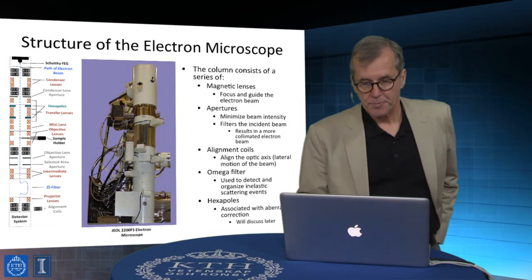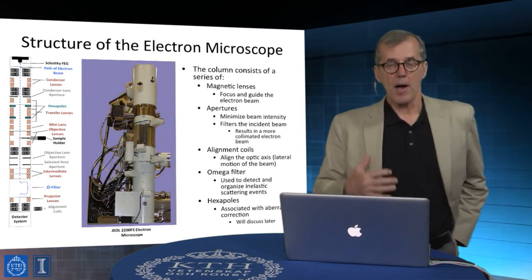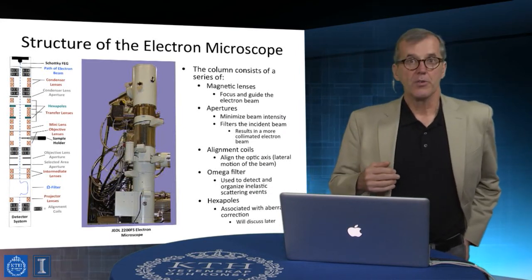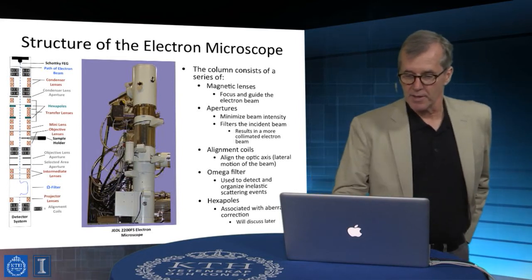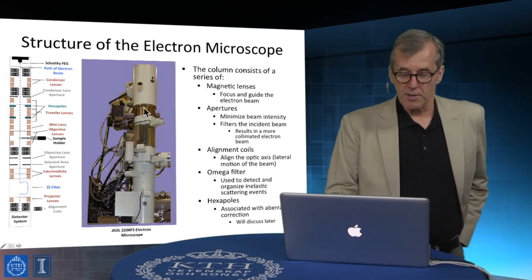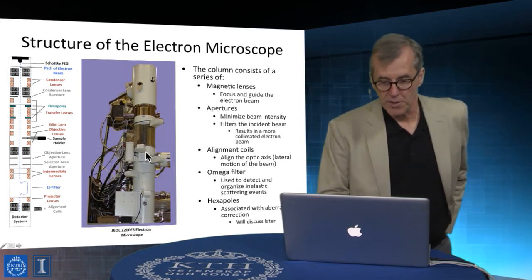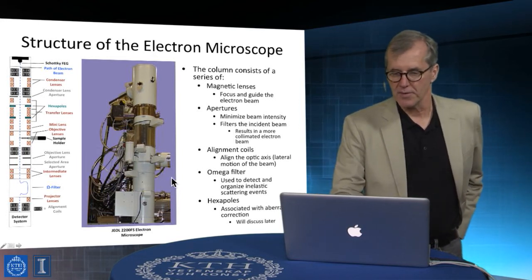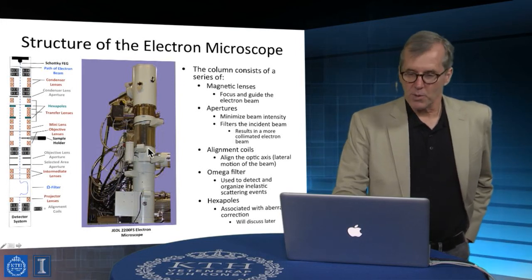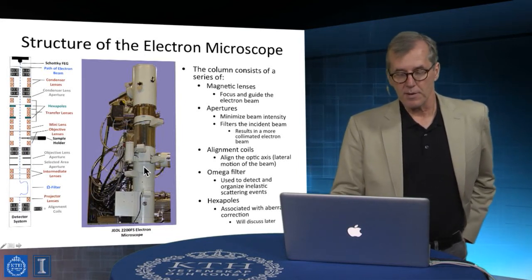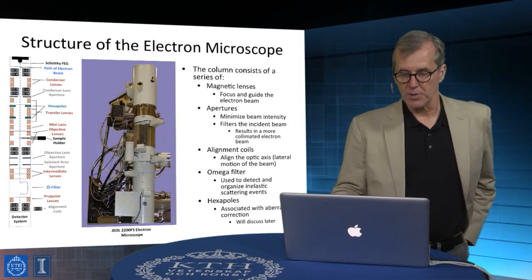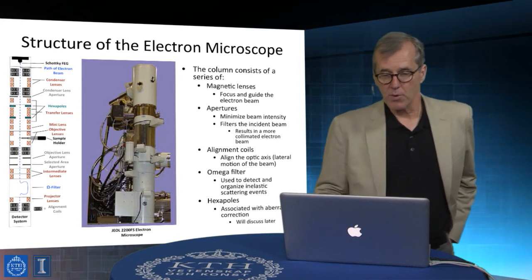Okay. So what does a modern high-resolution transmission electron microscope look like? Basically, it looks like a very large cylinder with lots of wires and things hanging off of it, much like what we saw yesterday, except this is somewhat obviously larger in scale and vastly more complicated.